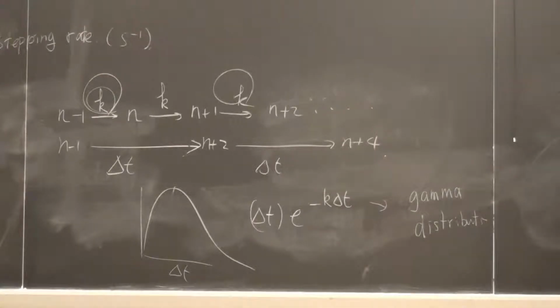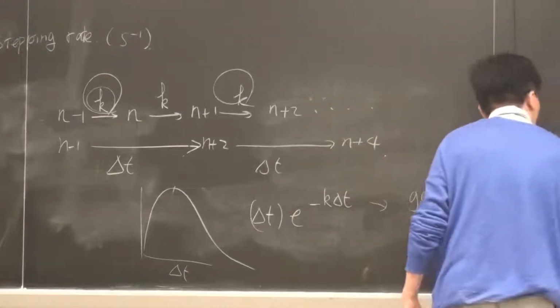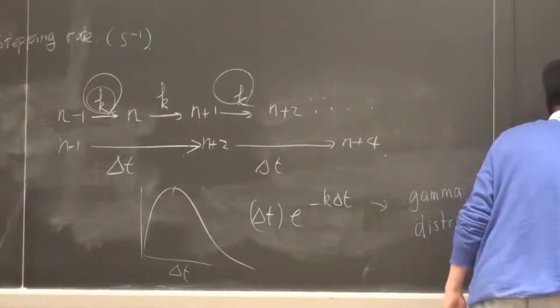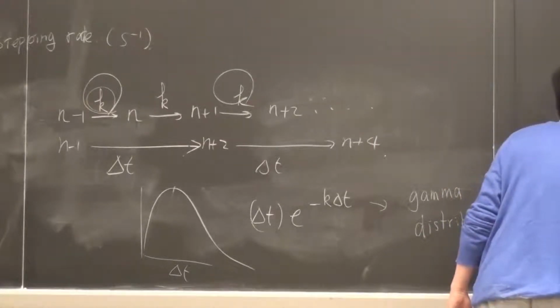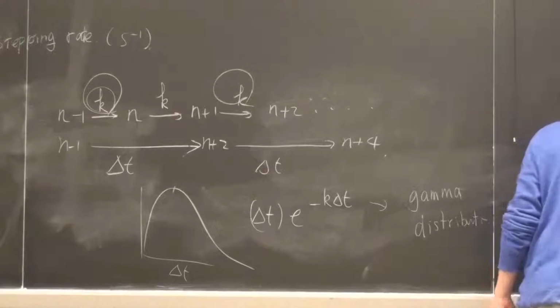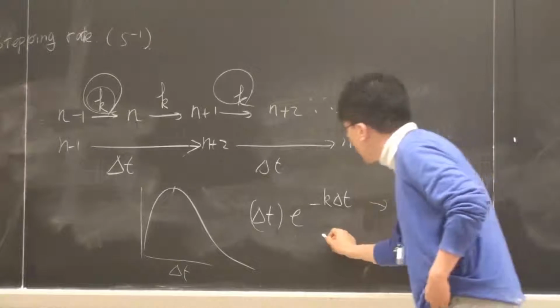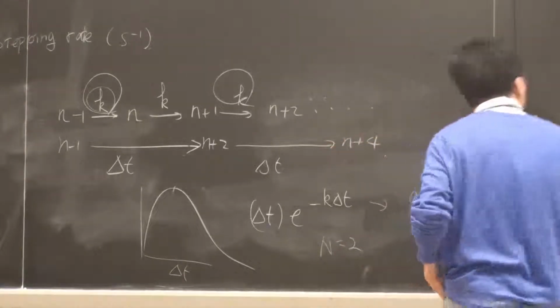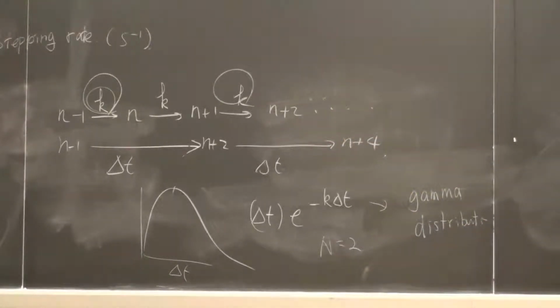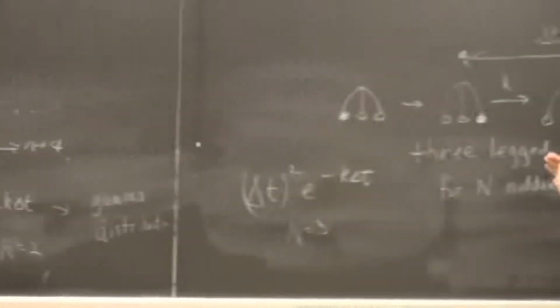Then the distribution will look like that. In general, if you have n hidden steps, so this is the case of n equals 3, and this is the case of n equals 2.